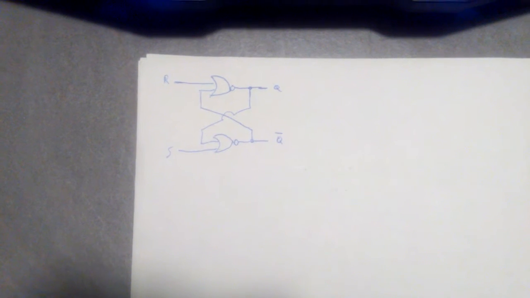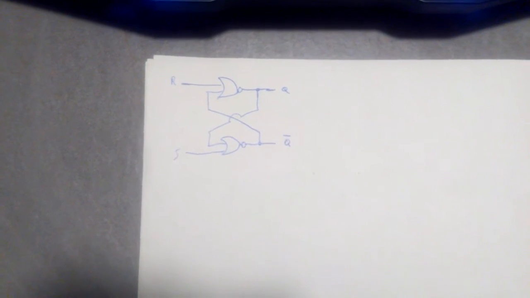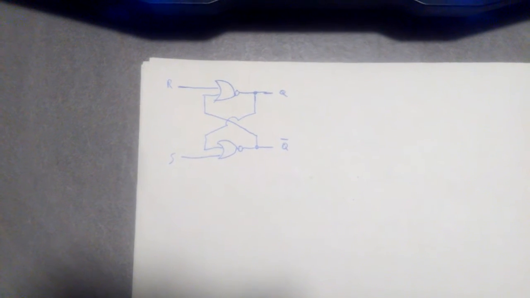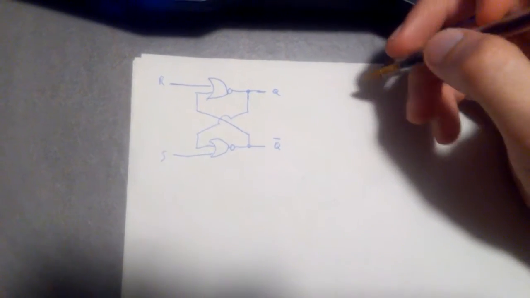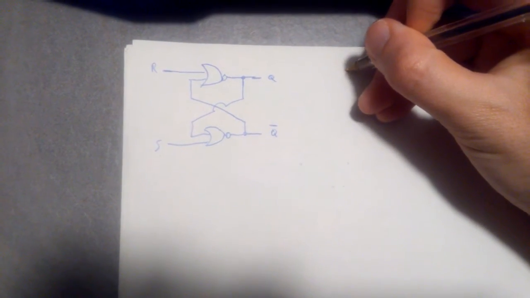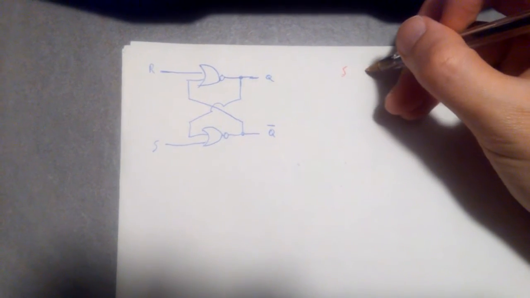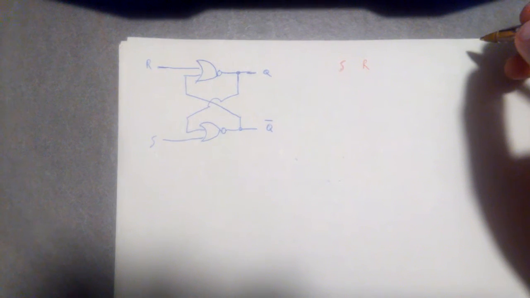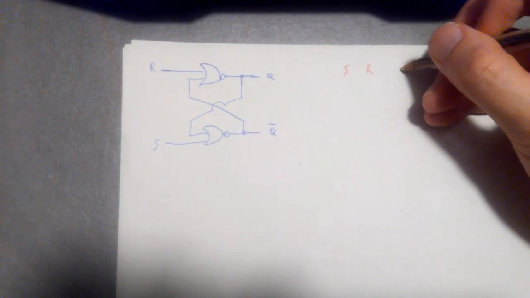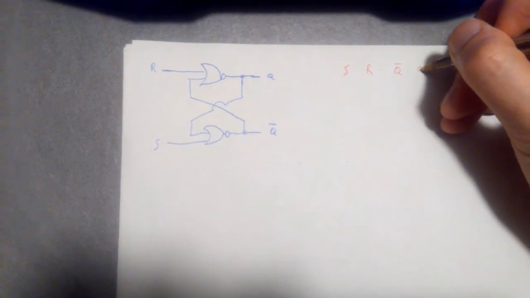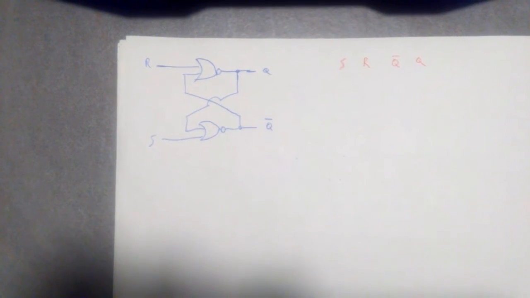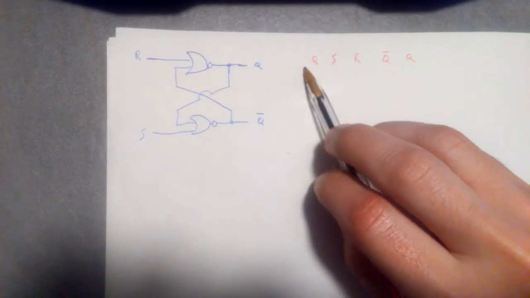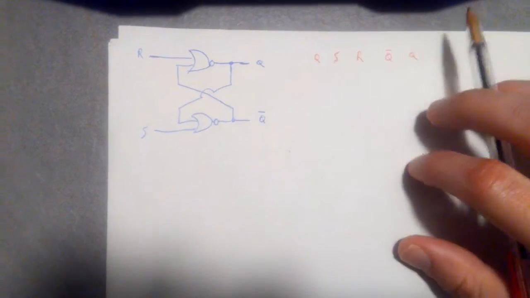Okay, so let's walk through this one more time, shall we? If we just make this table here, S, R, I'm going to have Q naught and Q. Q here just means the former state, okay?